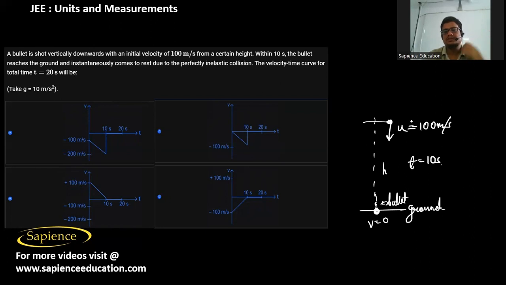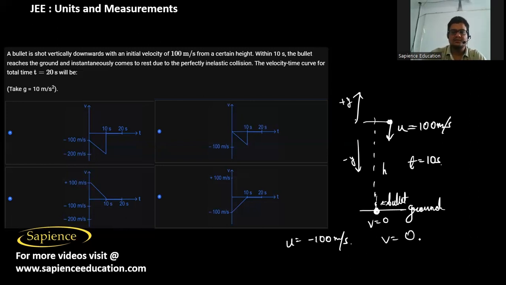So the initial velocity is vertically downward. So if we take the upwards as the positive y-axis, then downwards will be negative y-axis. Therefore, the initial velocity u equals minus 100 meter per second, and then final velocity is 0.